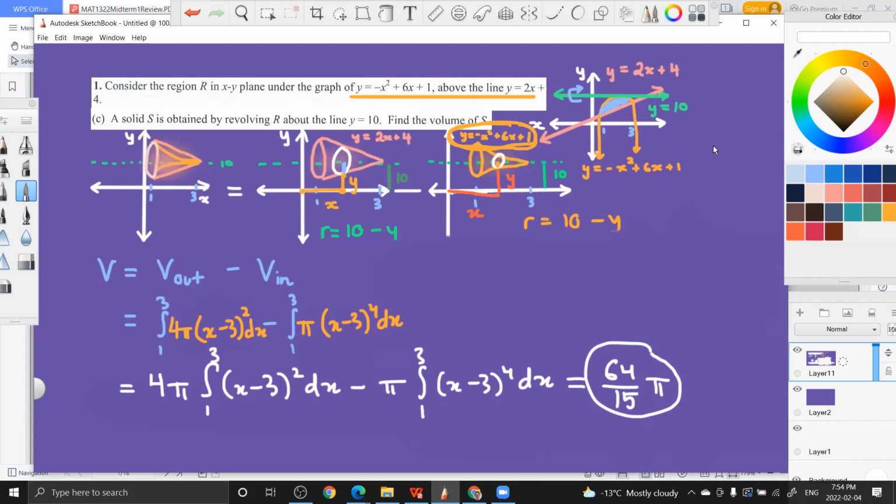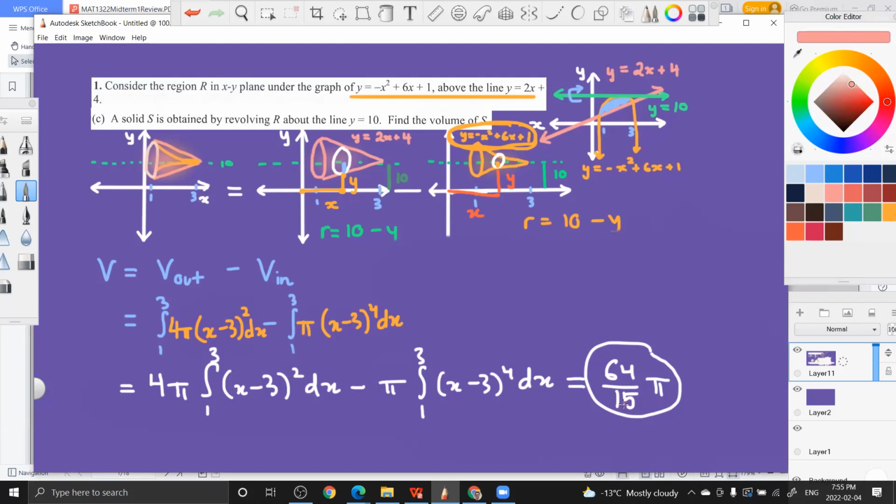Okay, so you're talking about the volume of the right one and the left one, right? Yep. I already solved it in my notes, and I get 64 over 15 pi. So you said you got something else?